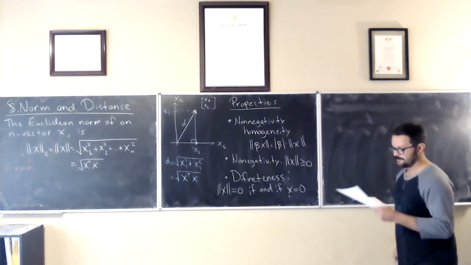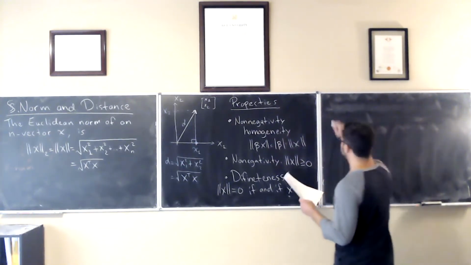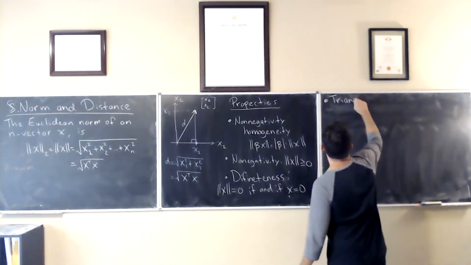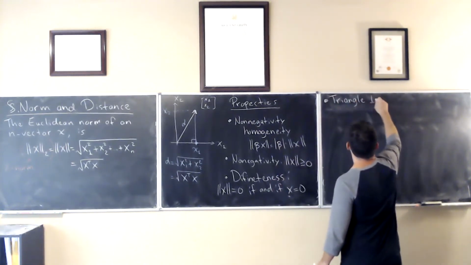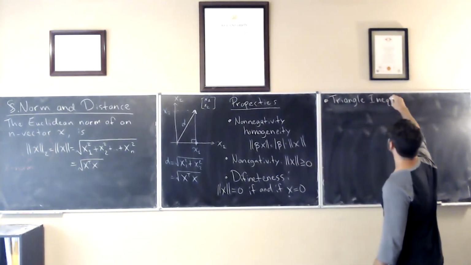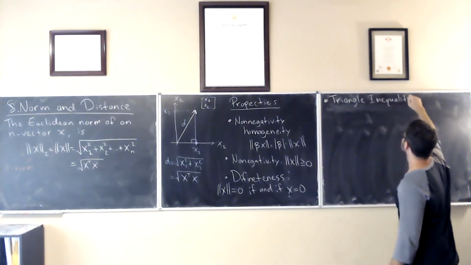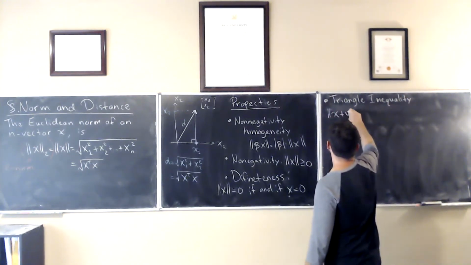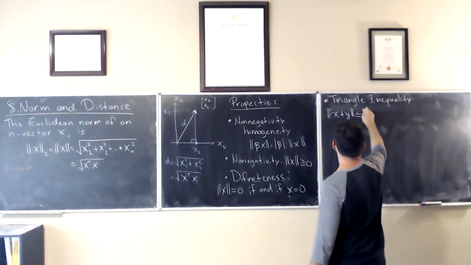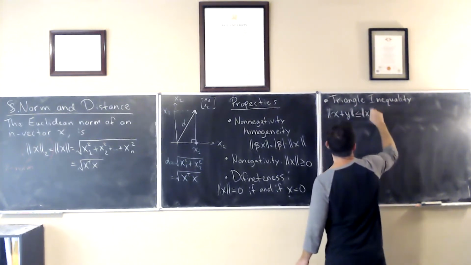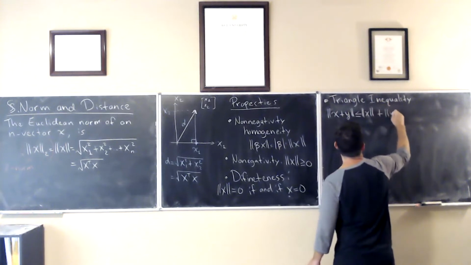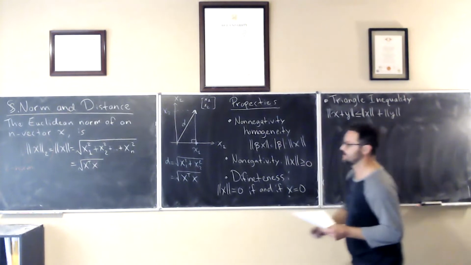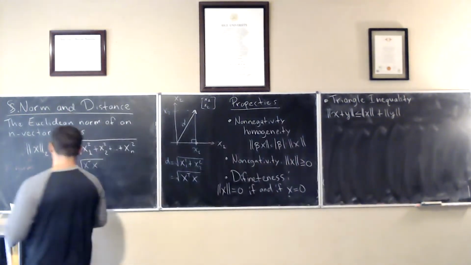Okay. And then finally, the triangle inequality. And all that states is that the norm of x plus y is at most the norm of x plus the norm of y. And we'll show why that's true in a bit.